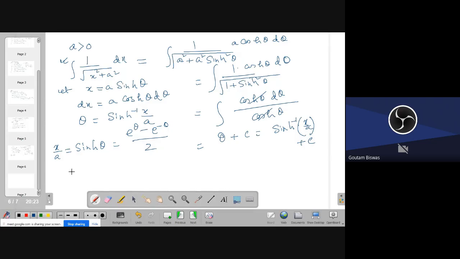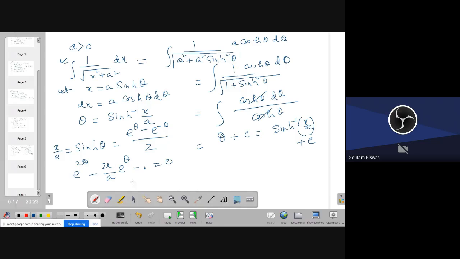Now you simplify this, and you will get e to the power twice theta minus twice x by a e to the power theta minus 1 equal to 0.